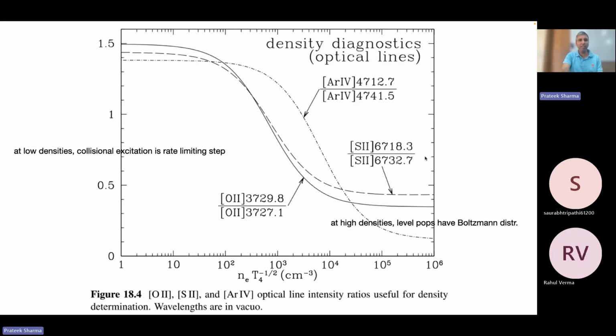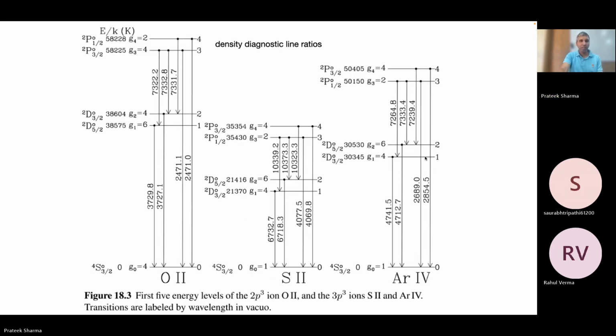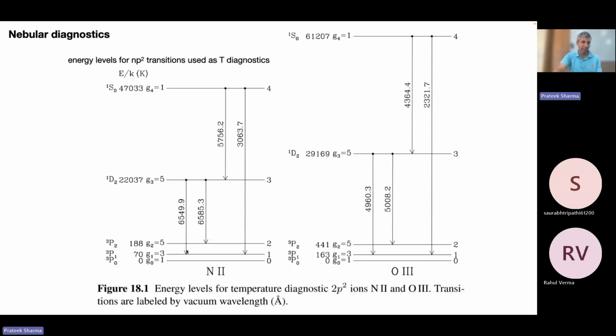Now, not only can you use these transitions, these closely spaced ones, 2 to 0 and 1 to 0, you can also use these transitions here: 2 to 1 and 1 to 0. These are fine structure transitions. They come in the infrared.